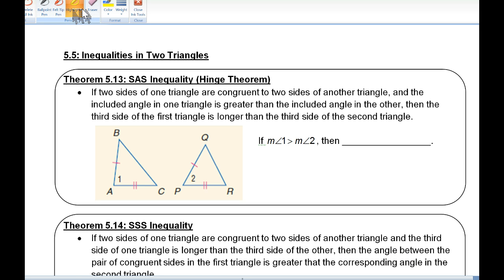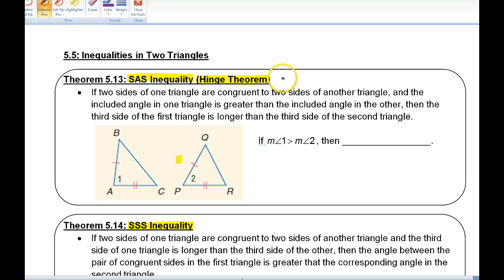Okay, so we are going to do two theorems today. They're inequality theorems, so we don't need to worry about proving them. The first one is called the hinge theorem, and actually these two theorems go along together.